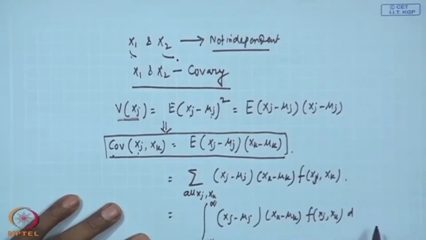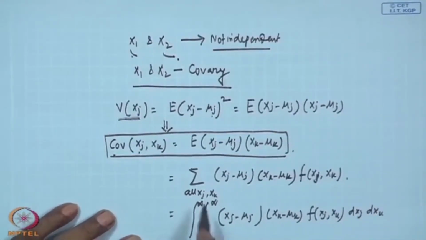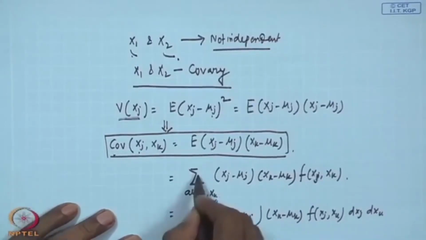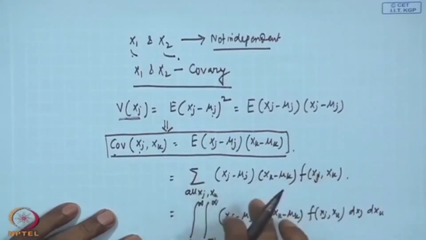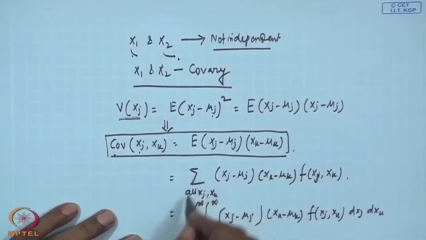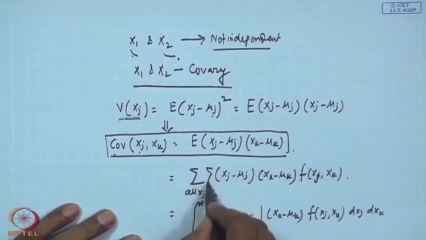It is a double integration. Here I have written over all x j, x k simultaneously, with one summation symbol, but otherwise you have to write all x j, all x k.